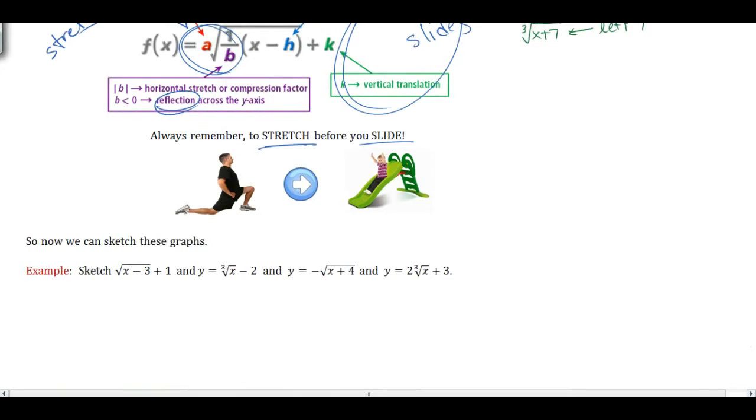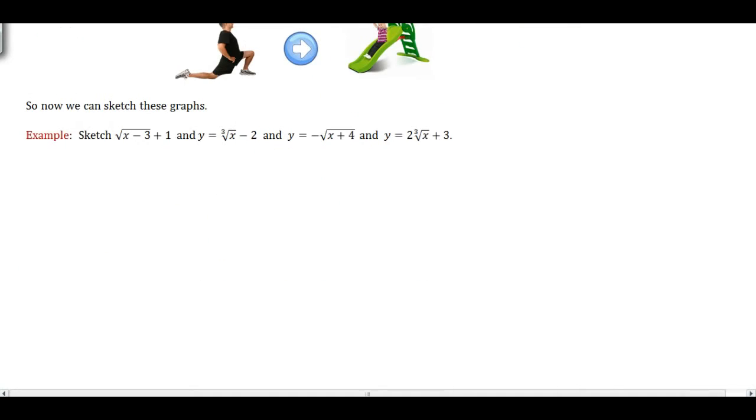So here's kind of our one example, or 2 or 3 or 4 examples that we can sketch and then see what we think. So notice I'm going to graph this first one. Now it doesn't have any multipliers, so there's no stretching, so we're done. There's no flipping because there's no negatives. So all we have to do is talk about the slides.